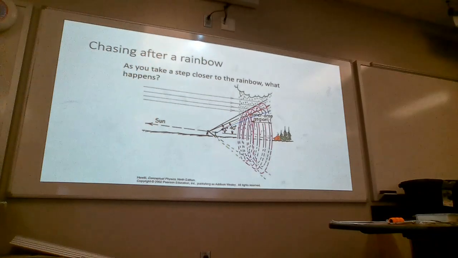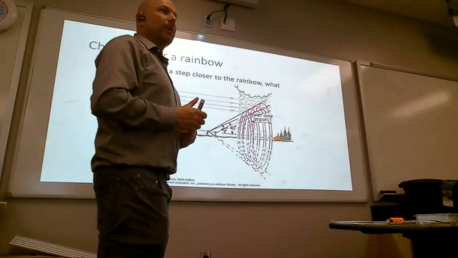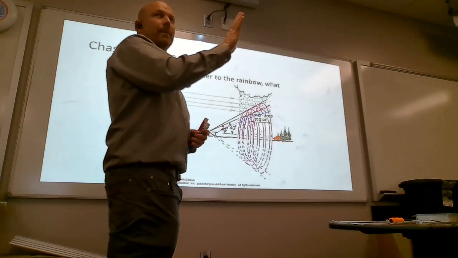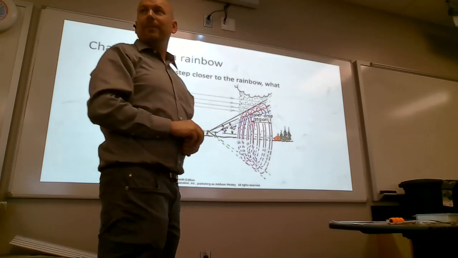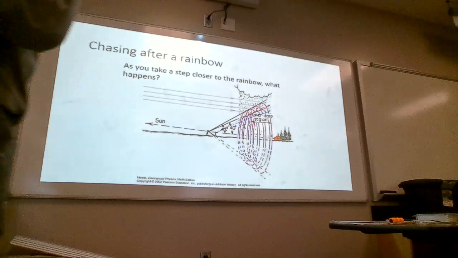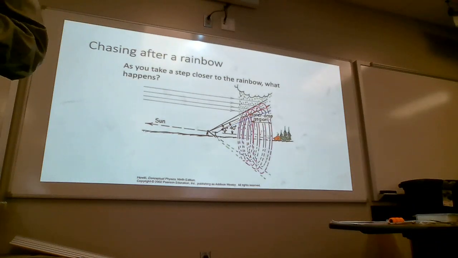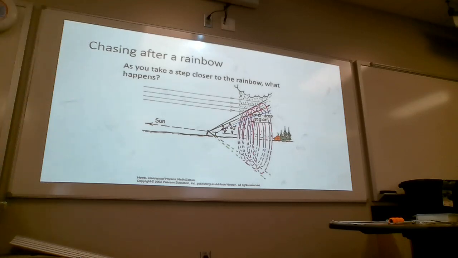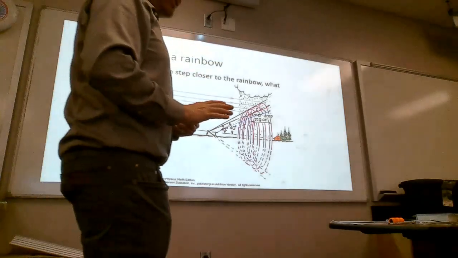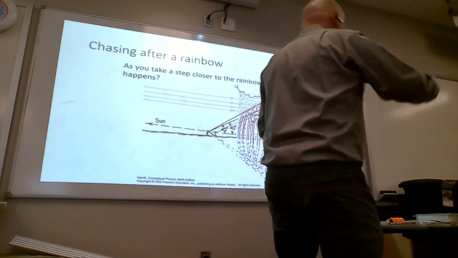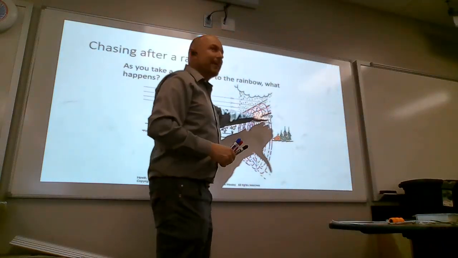So as you move closer, what's happening to the rainbow? It's moving away. So the leprechauns are like, go ahead, kids, try it. Not gonna happen. As you take a step closer, it's taking a step further away. It's always the same angle.